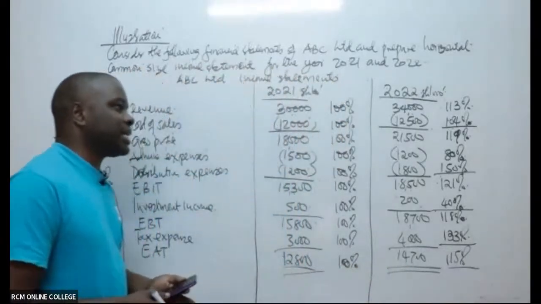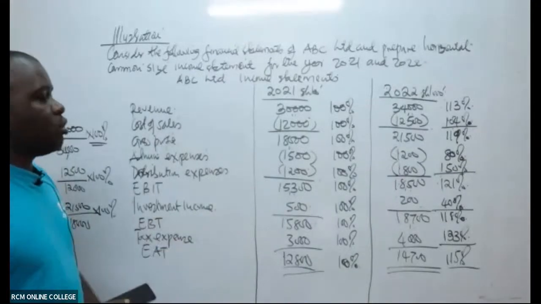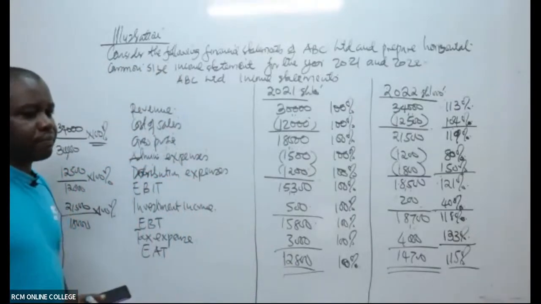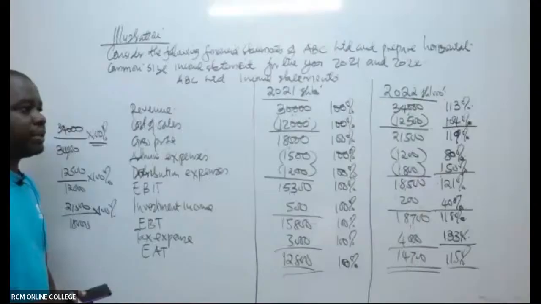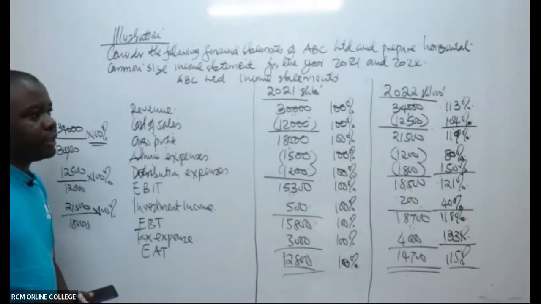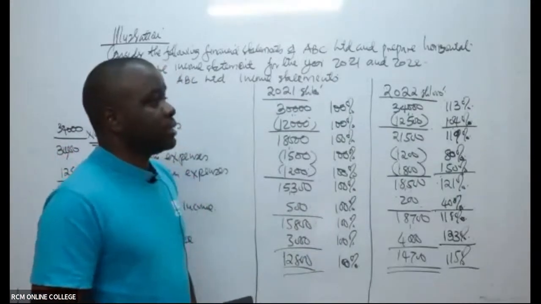So it can give you a trend in terms of the performance of the different items or elements in the financial statements. In auditing and assurance, you'll be told that this is what we call analytical review.